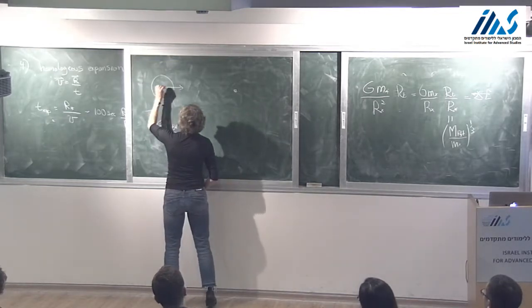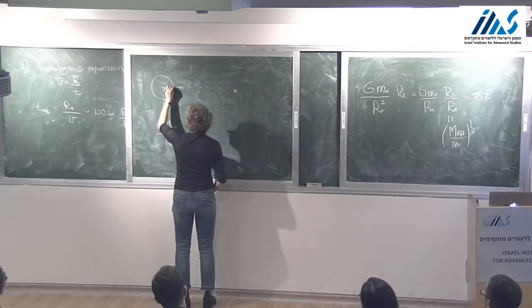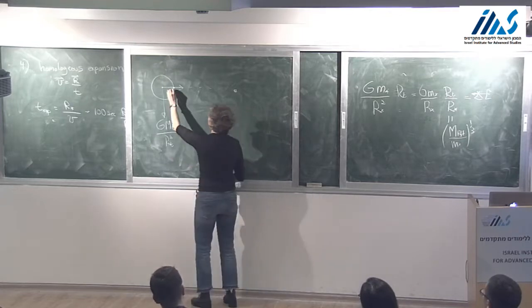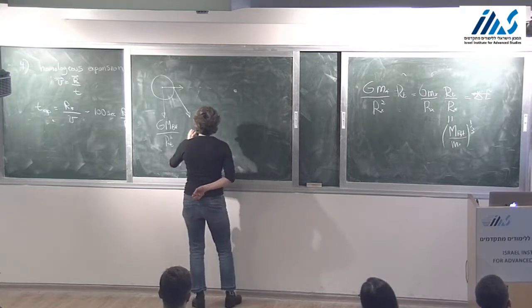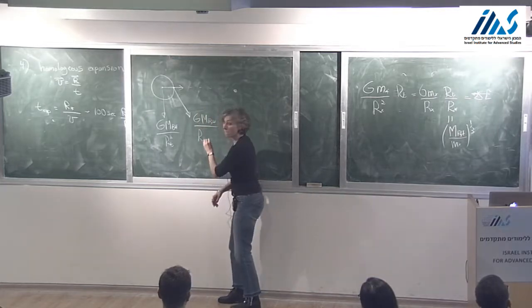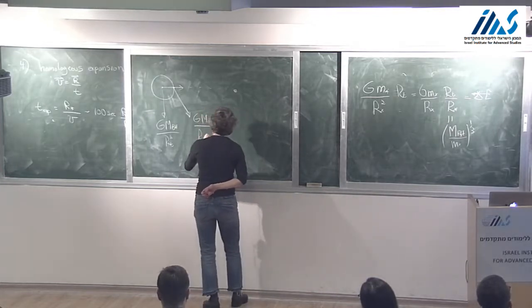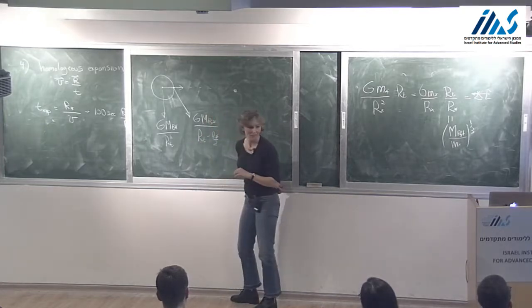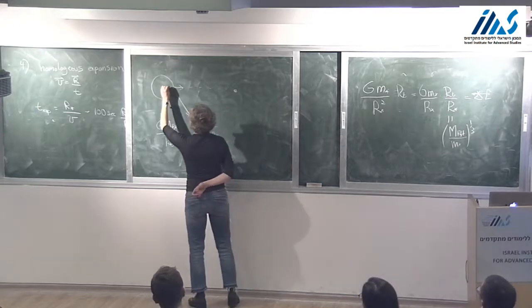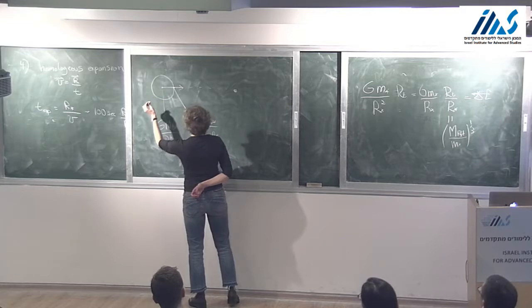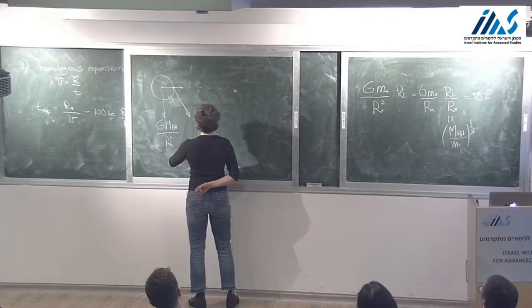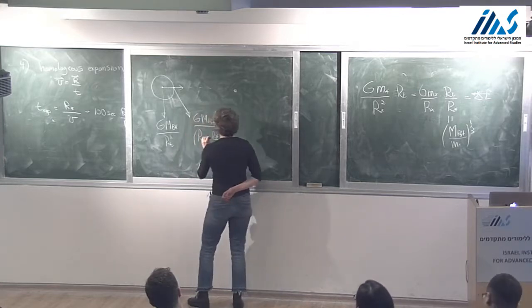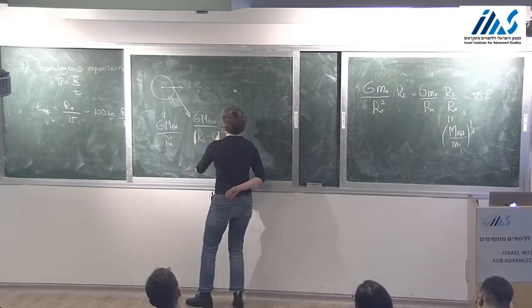So here I have G m black hole over R tidal minus R star, the radius, squared.